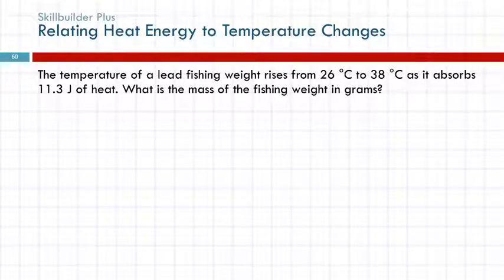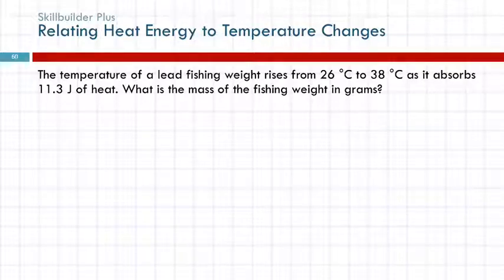Temperature of a lead fishing weight rises from 26 to 38 degrees Celsius as it absorbs 11.3 joules of heat. What's the mass of the fishing weight in grams? My question is, why not just stick it on a balance and weigh the stupid thing? But we can't.